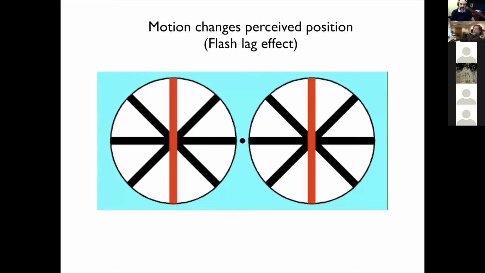The other thing that I want to communicate before we dive into the mechanistic discussion of how these things happen is that, again, what you perceive as motion is made up, is a predictive model of how the world should work.